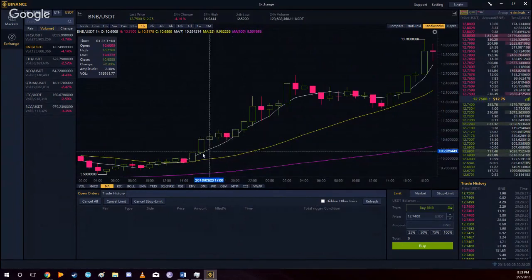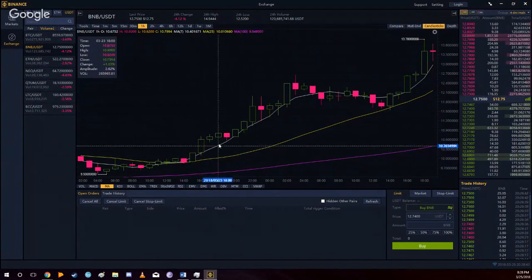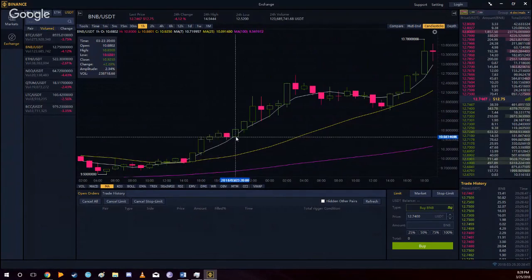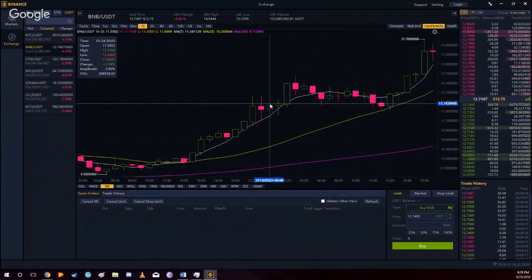So if I were to trade, I would buy here. I would wait until the price moves away from the moving average, and then I would sell. Again, buy where the price hits the moving average, sell when it goes above it. Buy here, sell here. Buy here, sell here.